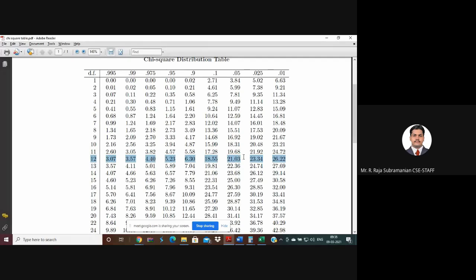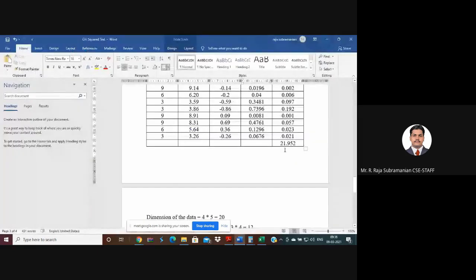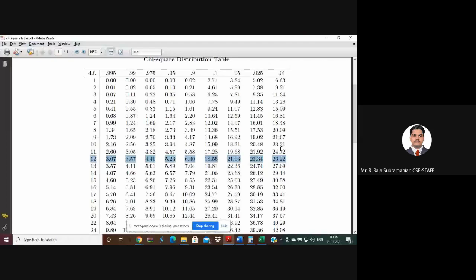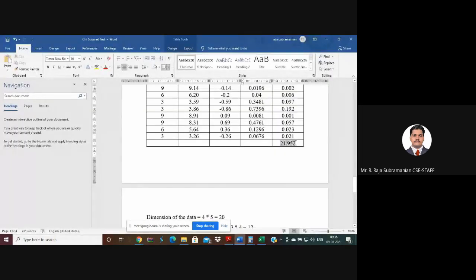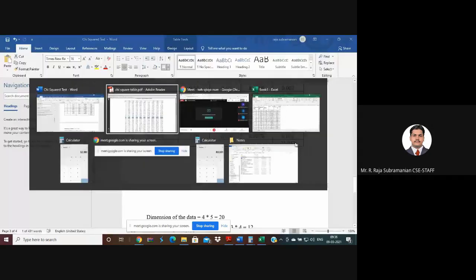If you take the 0.05 significance level, I get the chi-square value as 21.03. In that case, 21.95 is greater than 21.03 and it will be rejected with a significance level of 0.05. With the significance level of only 0.01, can I accept this or reject this? Accept. Yes. Accept, sir.